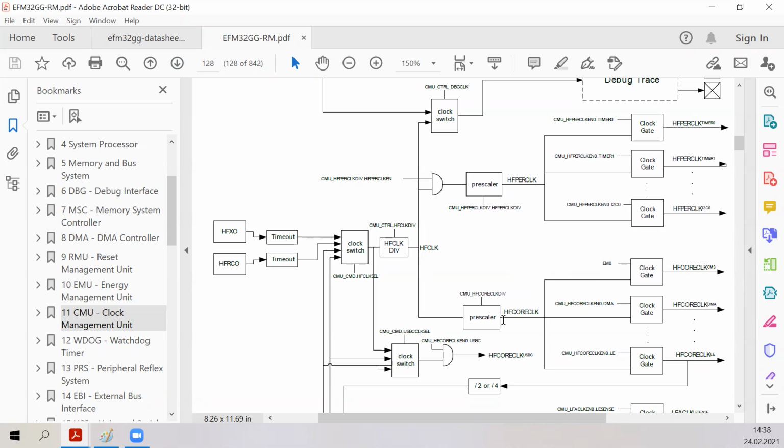So basically just this clock goes to core. And in most situations, we don't really use a prescaler here. We want our microcontroller to run at maximum speed. So whatever high frequency clock we have at input, usually it's just the same as the frequency for the core. And when the core is turned on, it just executes our code. Whatever we have written in the software, it will just do that thing, right?